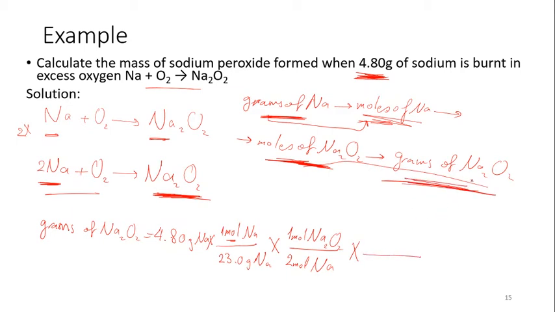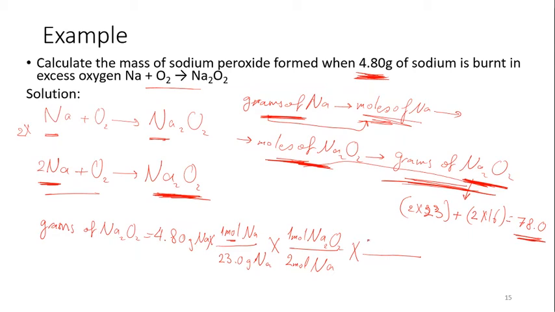First, I have to know that the molar mass of sodium peroxide is equal to 2 multiplied by 23 plus 2 multiplied by 16. This would give me 78.0. So this means each 1 mole of sodium peroxide contains 78 grams of sodium peroxide.